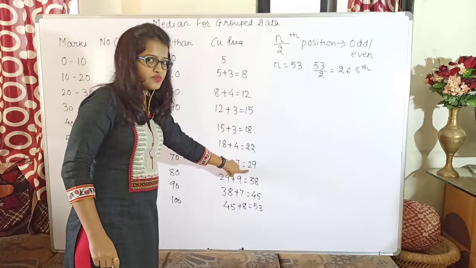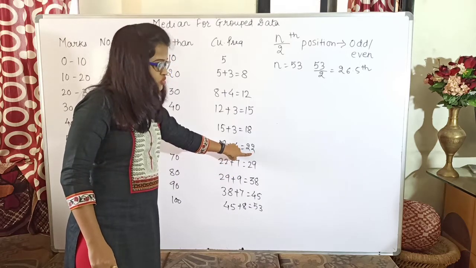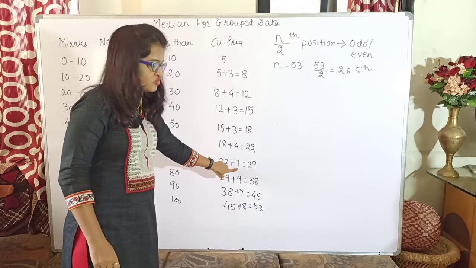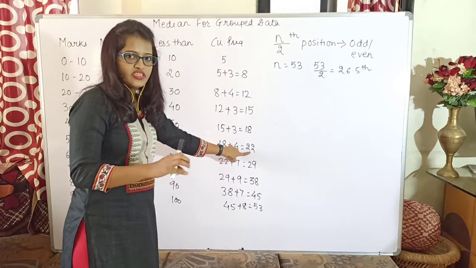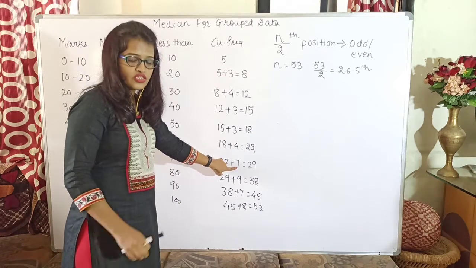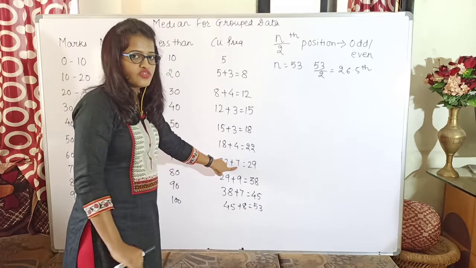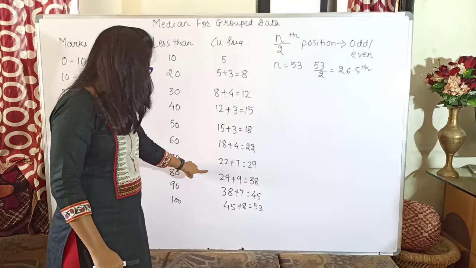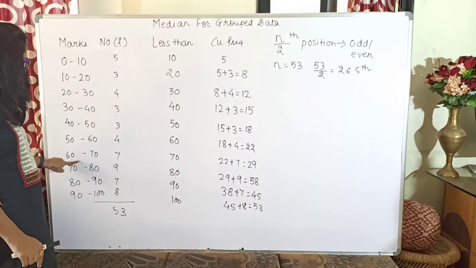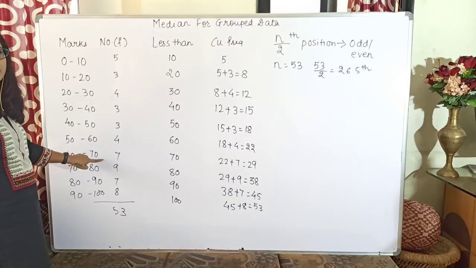So will 26.5 be present in this row or in this row? Definitely it will be present in this row, because 22, 23, 24, 25, 26. So here there are 7 observations, and I want 4.5 observations, so definitely they will be present in this row. Now what is the class of this? It is 60 to 70.